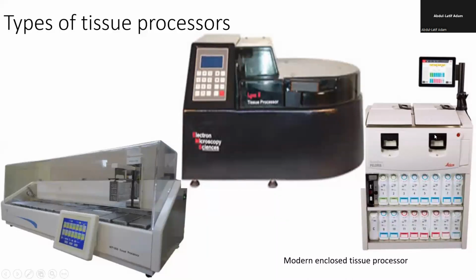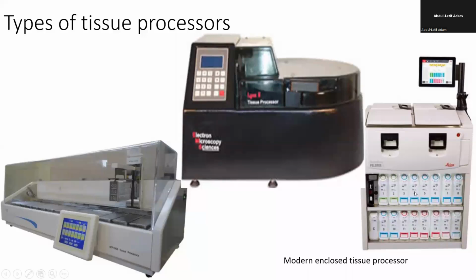Fortunately, we have gotten one of these. It was a donation, so we have one of these in our lab. We are not using it now because the donation didn't have cables attached to it. So now we have asked the biomedical engineer to get cables that we can use.